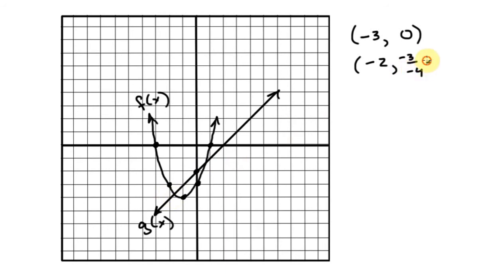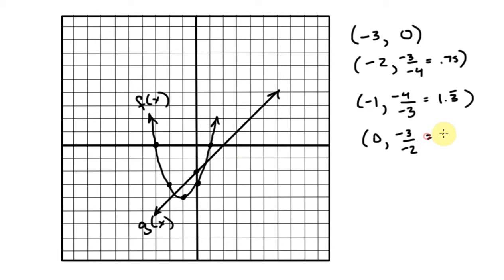So it looks like something like positive 0.75. And then let's take a look at -1. We have a y value of -4 and a y value of -3, like they're switching it up here. So 1.3 repeating.